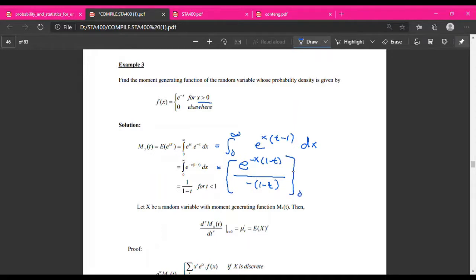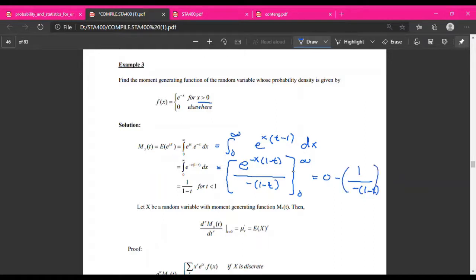Okay. 0 to infinity. E power of negative infinity will be 0. Right? So, 0 minus dengan e power of negative 0, you akan dapat 1. Betul tak? E power of negative 0, you akan dapat 1. 1 over negative (1 minus t).